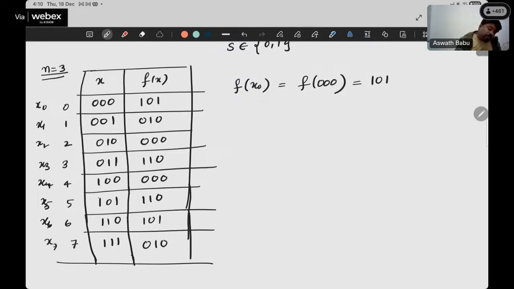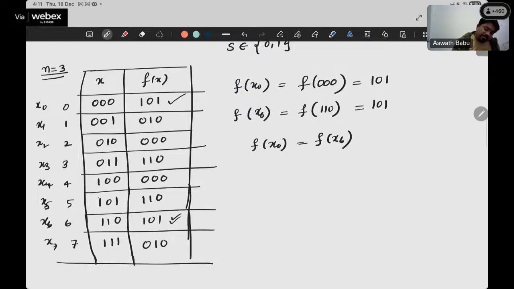If you notice from the table, 101 is coming here and also here, right? So x6, f of 110, is also giving me 101. Is there anywhere else? No. So two output values of the function are the same. Basically, f of x0 is equal to f of x6.